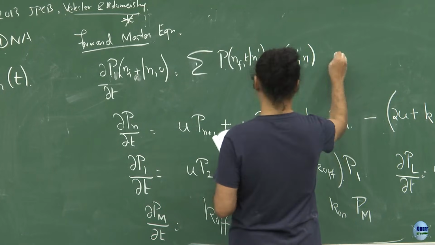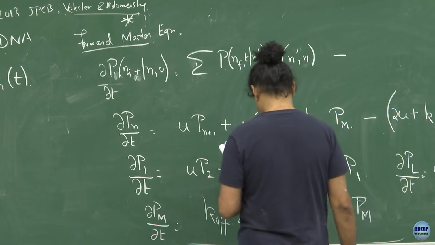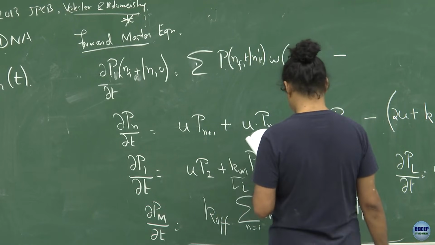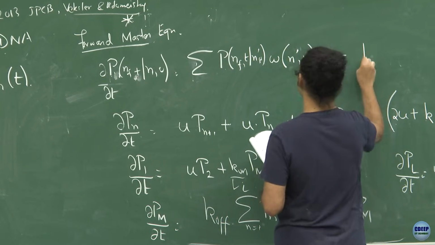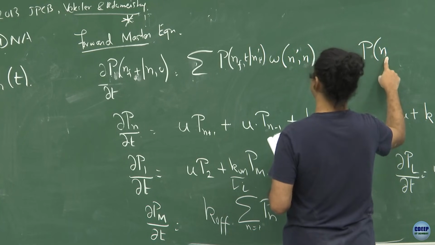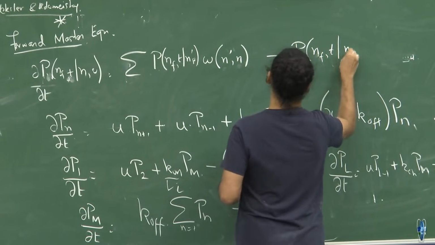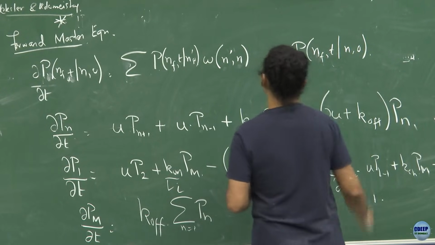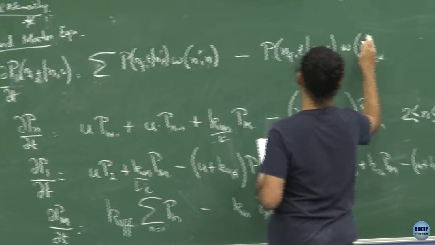And then the other term is that your first step is still at n, so you stay at n essentially. So NF t n 0. So the same rate. Remember omega.